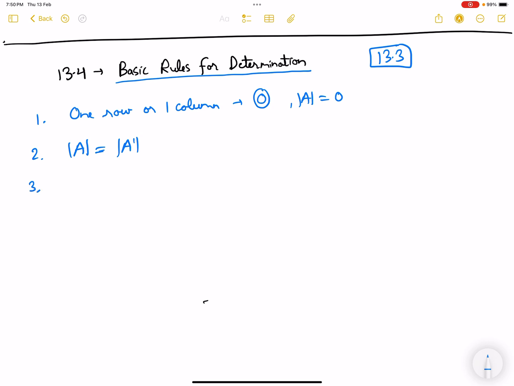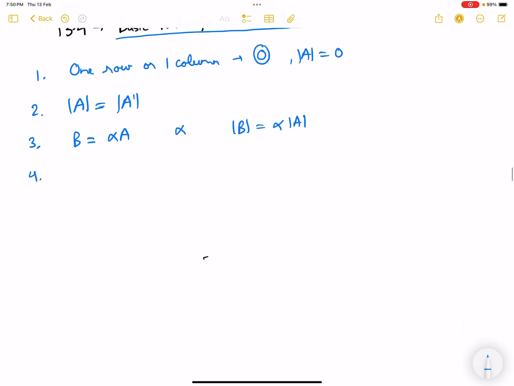Now if we have a matrix B which is defined as alpha times A, where alpha is any real number, then the determinant of B is alpha times the determinant of A. So these observations you must be able to recollect.